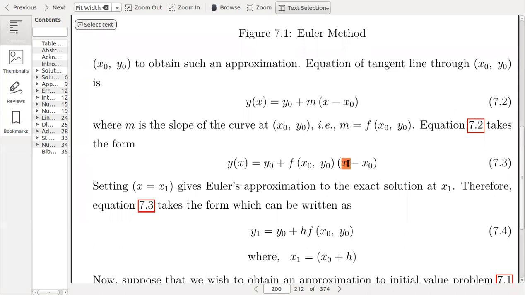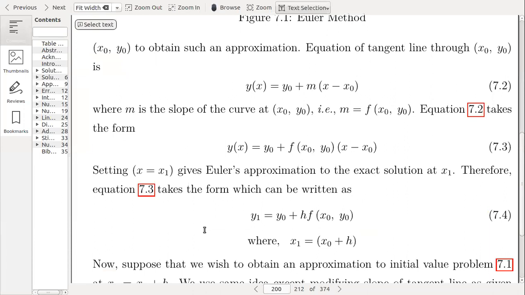Then x naught will vanish, because if you replace this x with x1, then x naught plus h minus x naught gives us h, and the equation becomes like 7.4.